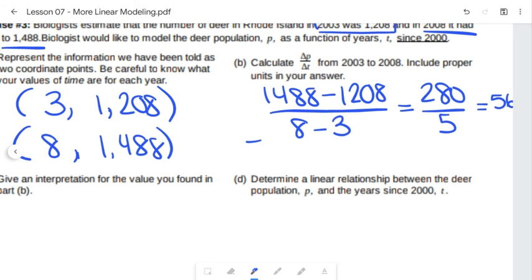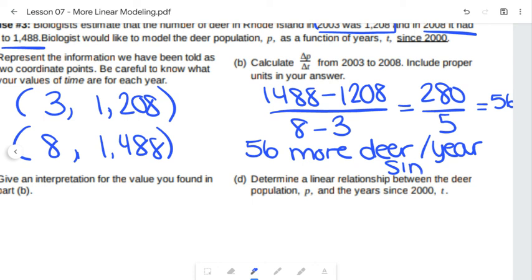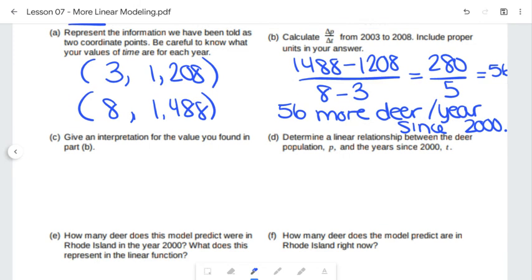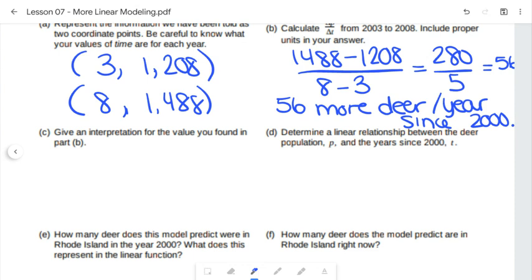So when I go to explain this, it's 56 more deer per year since 2000. Okay, 56 more deer per year for their population since 2000. And I kind of said that in part B already.